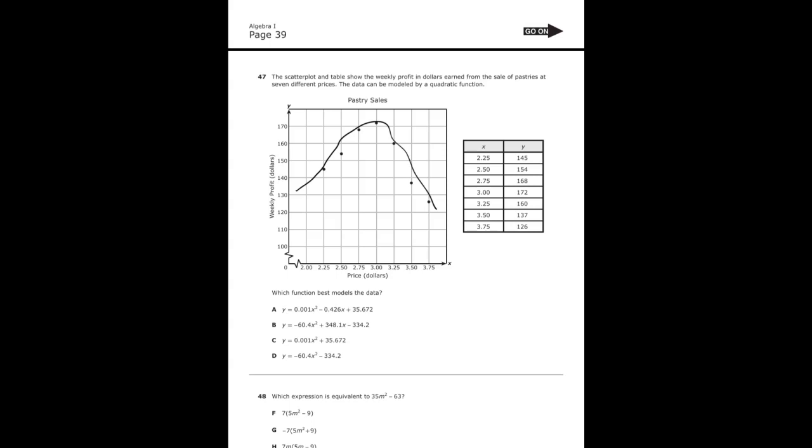So that means that it's going to be a negative x squared, or the coefficient of the quadratic term is negative. So this is gone. And then what is our y-intercept? That's the only thing that is left for us to figure out, the y-intercept.